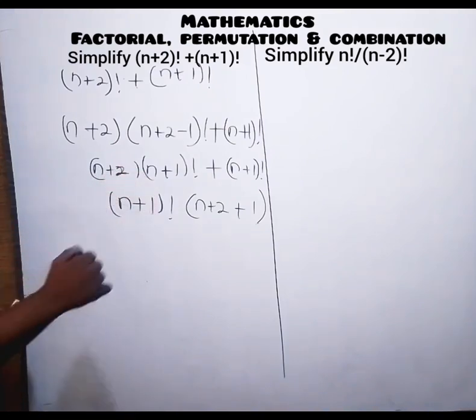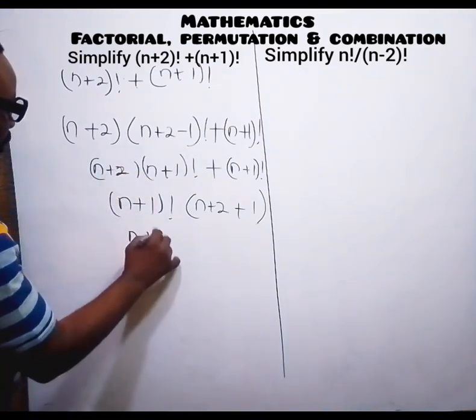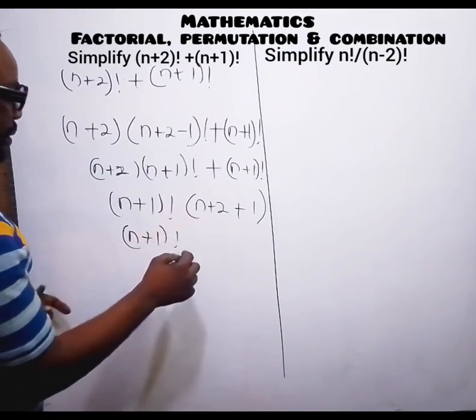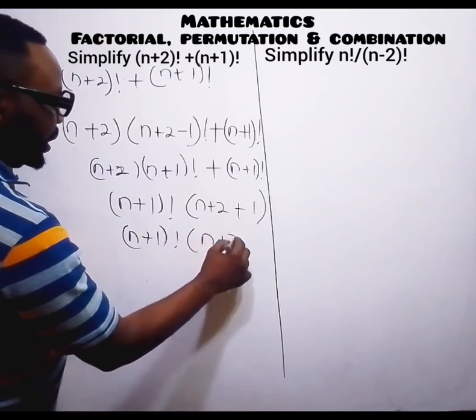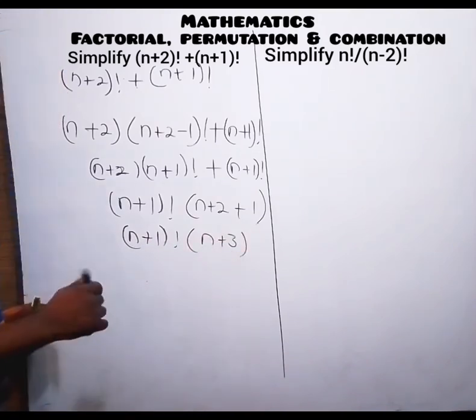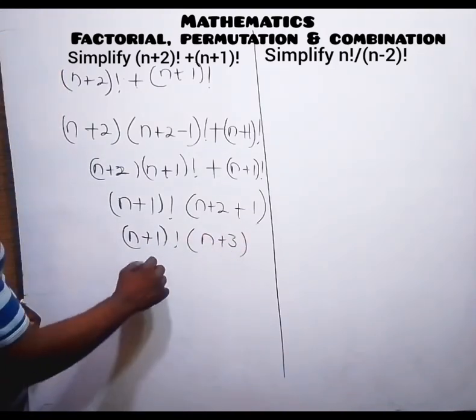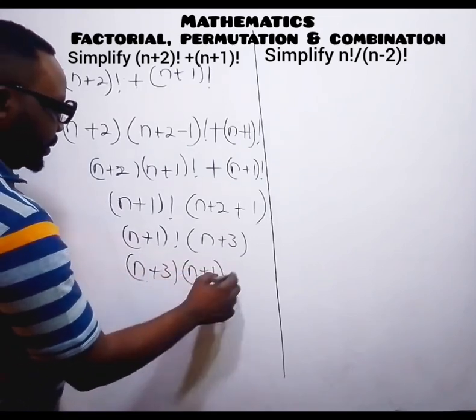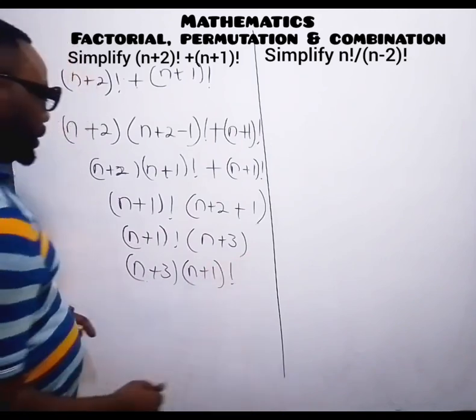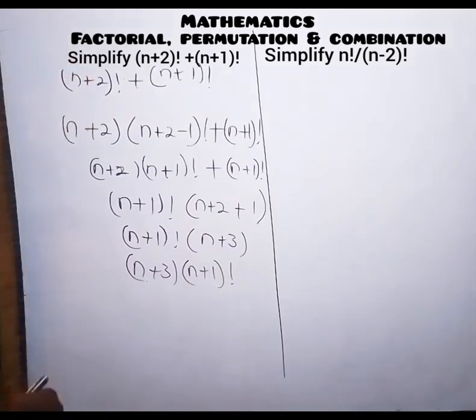So in that regard, you can now have n plus 1 factorial into bracket n plus 3, just like that. So I can now have it as n plus 3 times n plus 1 factorial. So that is the answer to that question.